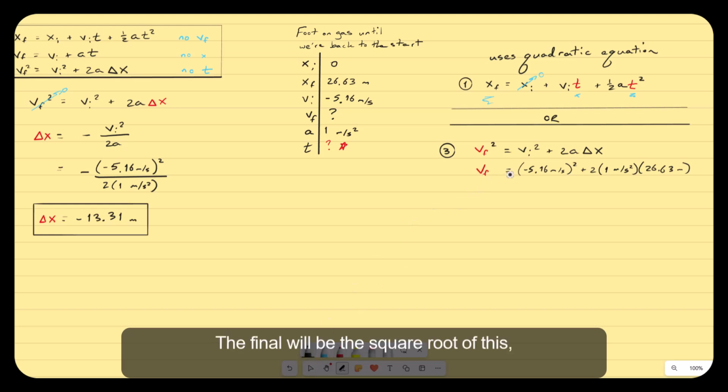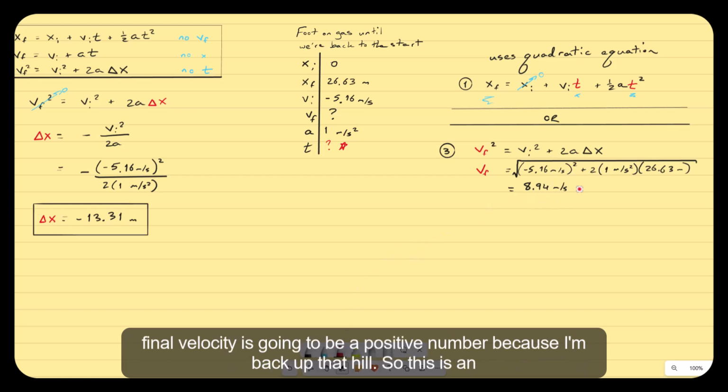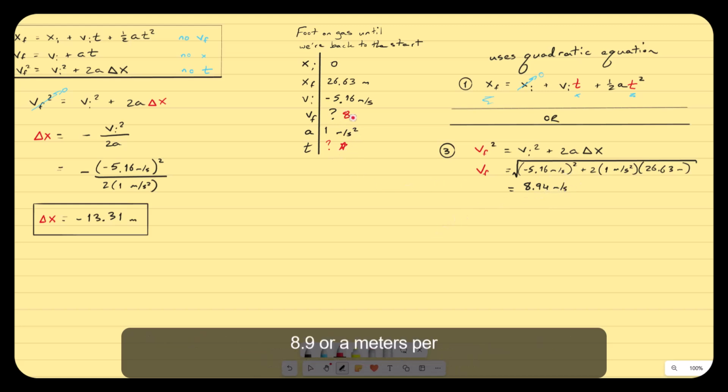V final will be the square root of this, which is 8.94 meters per second. Before, when I took a square root, I made sure to say I can have positive and negative square roots. This one, it makes sense that my final velocity is going to be a positive number because I'm moving back up that hill. So this thing is 8.94 meters per second.